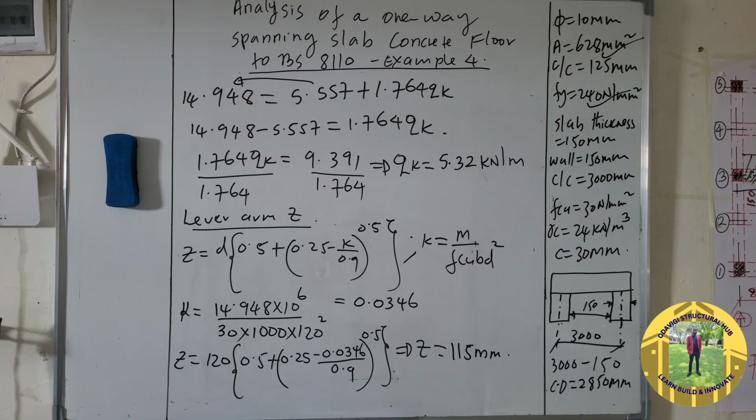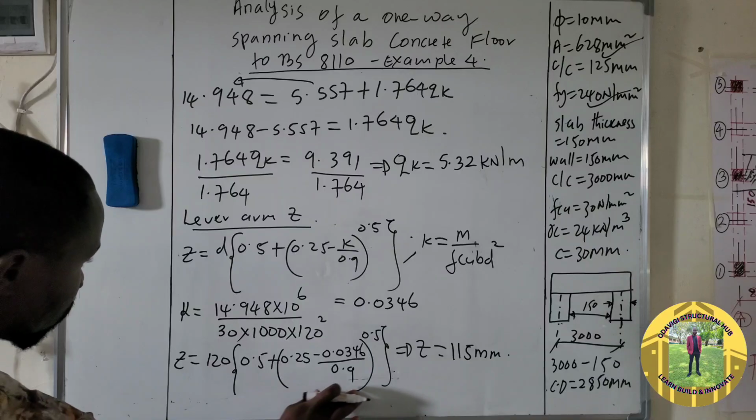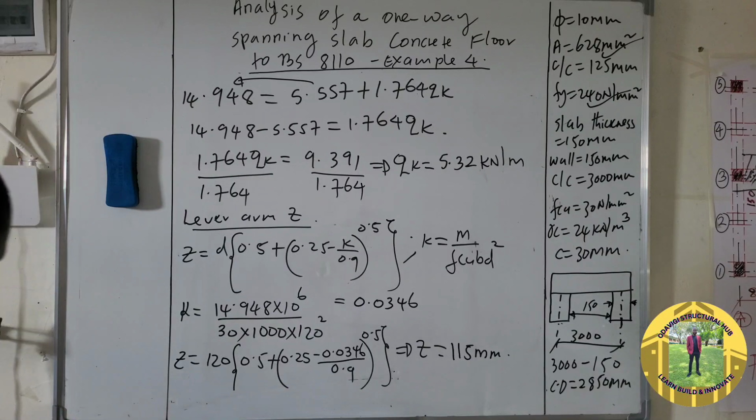It therefore means our Z assumed, which was 114 millimeter, is the correct Z.